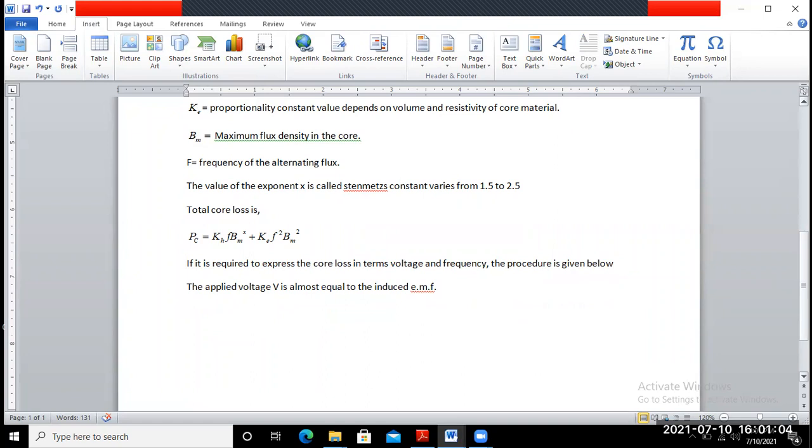So flux can be written as maximum flux density into area. Maybe replace the flux by the maximum flux density into area.